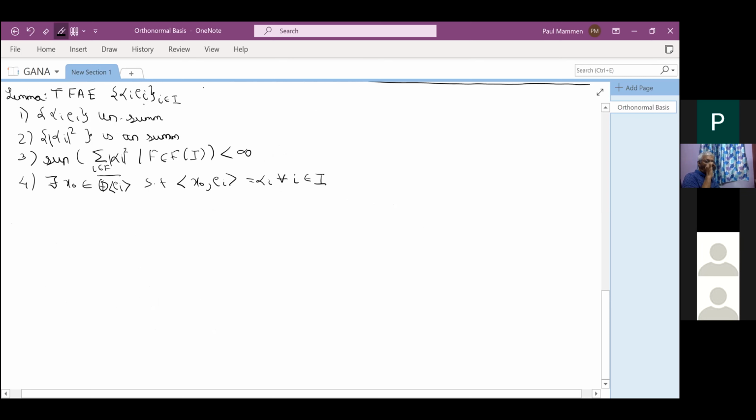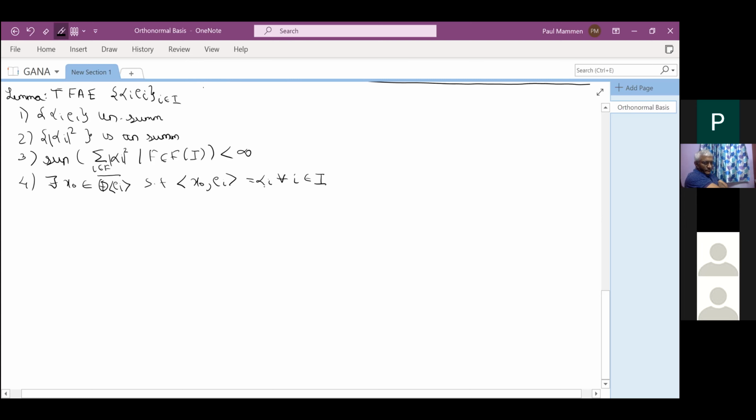And so note that if I have x in my Hilbert space, I can think of alpha as x comma ei, and by Bessel's inequality we know that these finite sums are all less than the modulus of x. And so I'm going to get this generalized projection, an x naught in the closure of the sum such that x naught comma ei is equal to x comma ei.